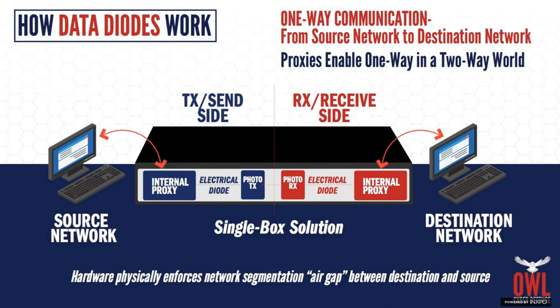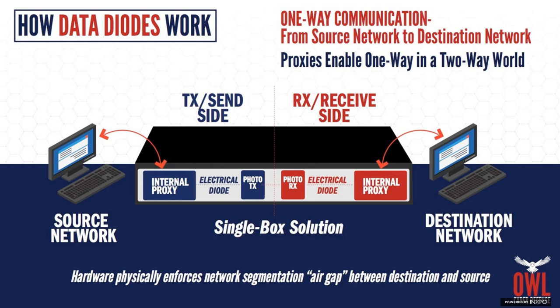To explain that, we have a proxy on either side. I have the source side, which is the side where the information that is important to me or that I need to share is generated. Whether that's syslog information, historian data, or the output of a turbine or whatever it is, that information is being sent to the destination today.